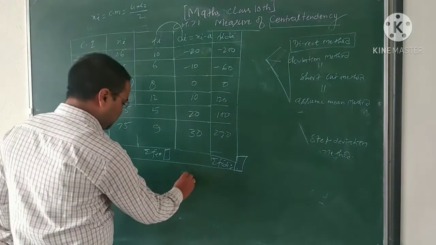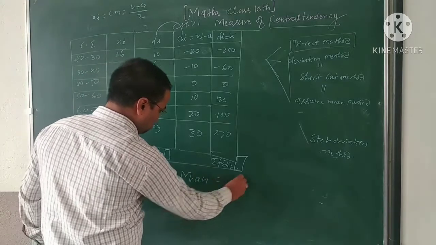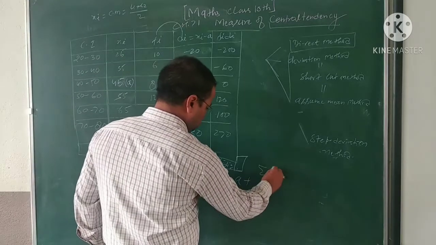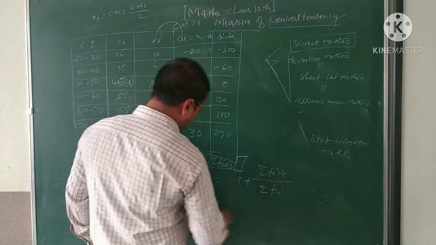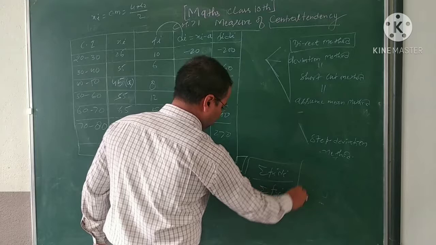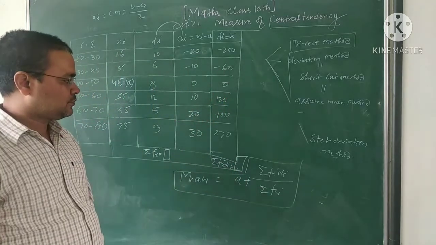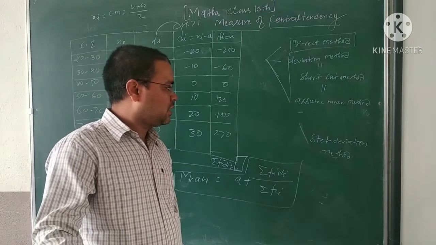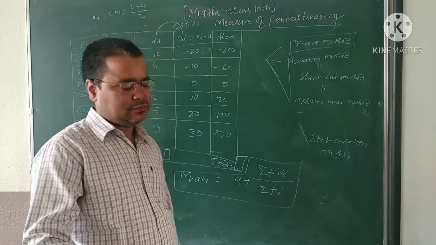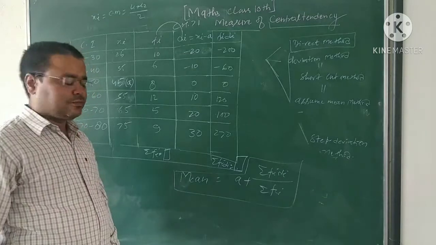Now for finding the mean, we use this formula: a plus sigma fi di upon sigma fi. This is the formula for getting the mean through the deviation method, which is known as the shortcut method or assumed mean method.